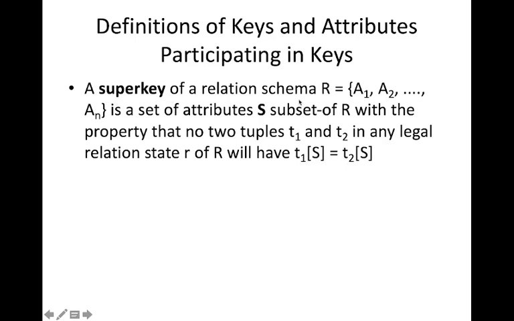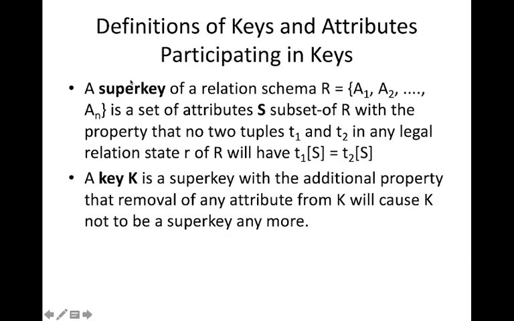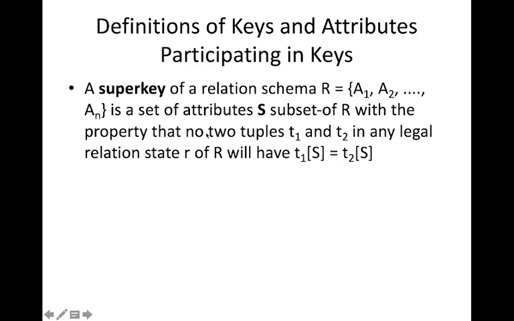So a super key of a relation schema R is a set of attributes S, where S is a subset of R, and it should satisfy the property that no two tuples or rows t1 and t2 in any relation state r of R will have t1[S] equal to t2[S].